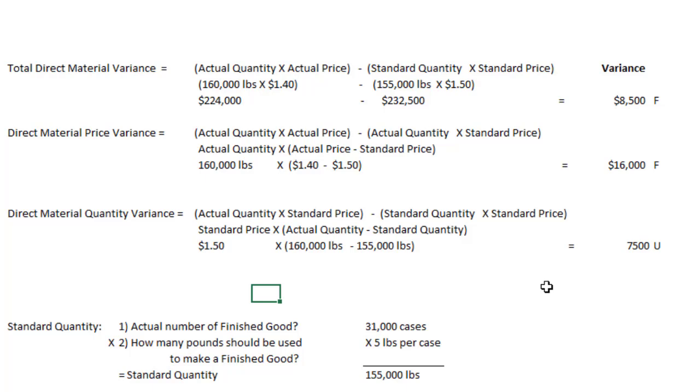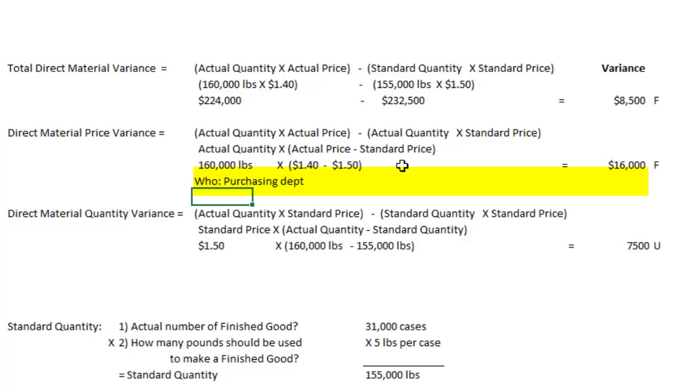So for the direct material price variance, you have to ask yourself, who would you talk to? And typically you would talk to purchasing or supply chain. And you would ask the person who purchased these, what happened? Why was my price variance so good? Some reasons for the price being different from what they expected could be that they got a new vendor. They shopped around for a new vendor, or a new vendor started selling potatoes and that vendor had a better price.